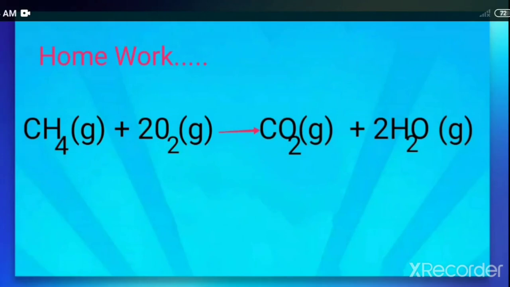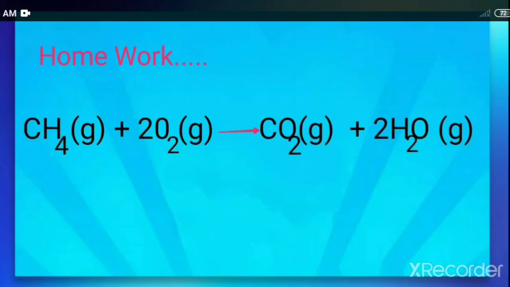Now I am giving one equation for you. This is an equation of methane. CH4 is methane, which combines with oxygen to give rise to carbon dioxide and water. So a balanced equation is given. You need to define this equation in terms of moles, molecules, mass and volume, as done for the previous example, that is the formation of ammonia.